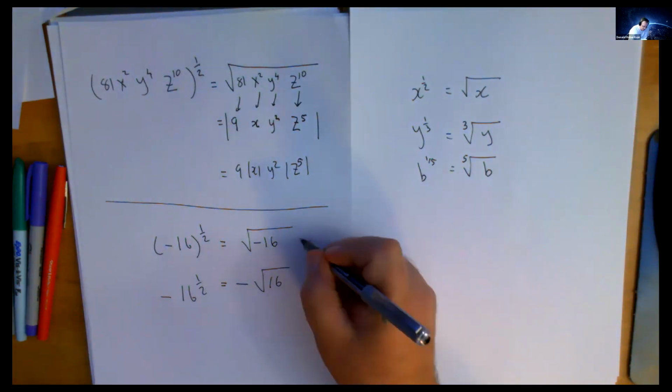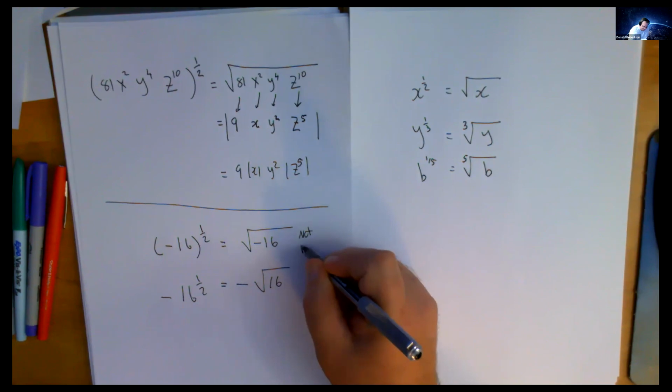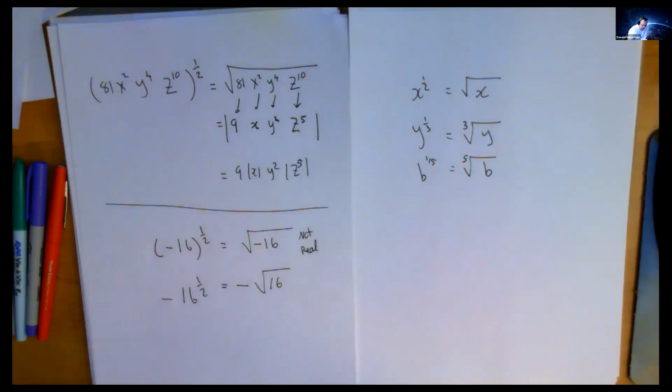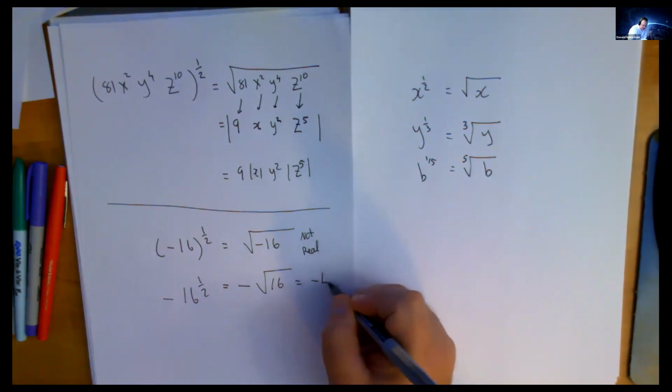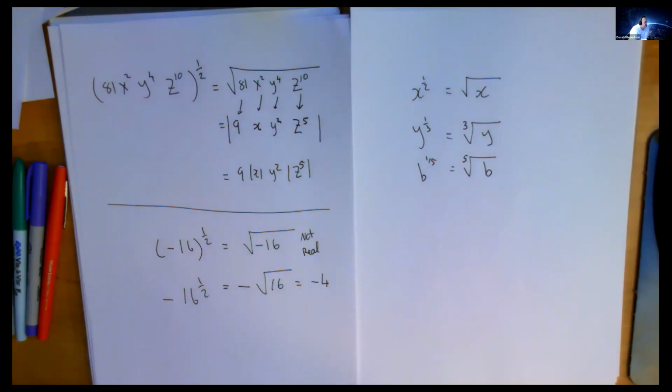Isn't this one not real? Whereas, isn't this one -4? Do you see the difference a bracket or not having a bracket can do to one of these fractional power situations? And it's because of a rule called PEMDAS. You ever heard of PEMDAS?